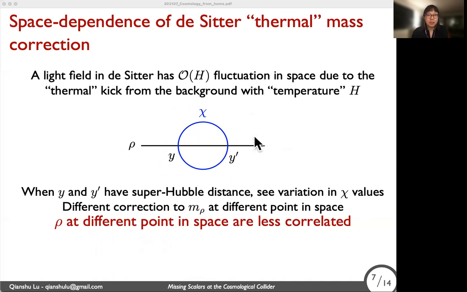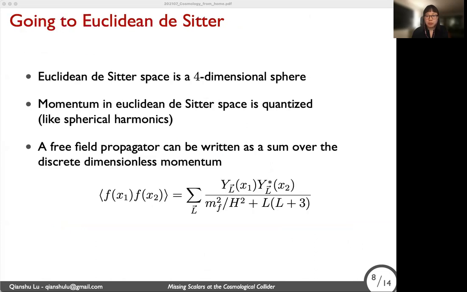Now we actually have to calculate this diagram and see precisely what the quantitative features are and whether the signal actually follows the physics we expect. Now to calculate this diagram, we're going to do it in the Euclidean de Sitter space. So a four-dimensional Euclidean de Sitter space is essentially a four-dimensional sphere.